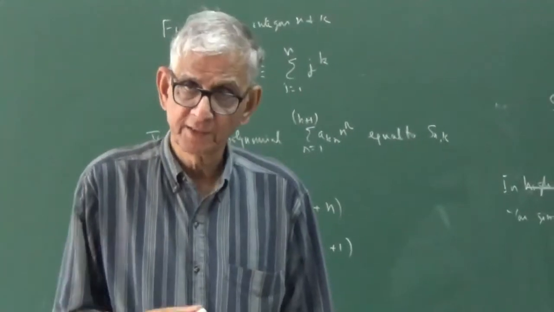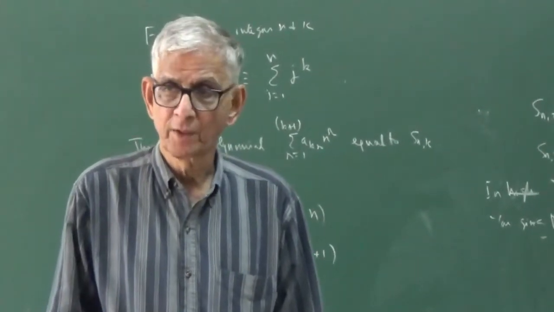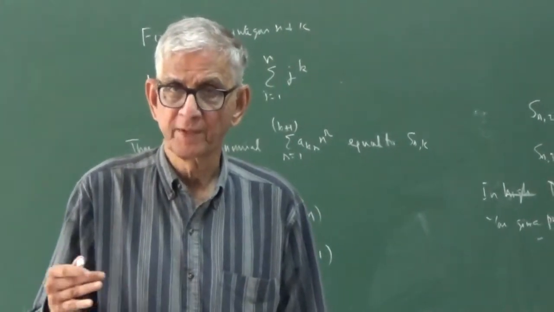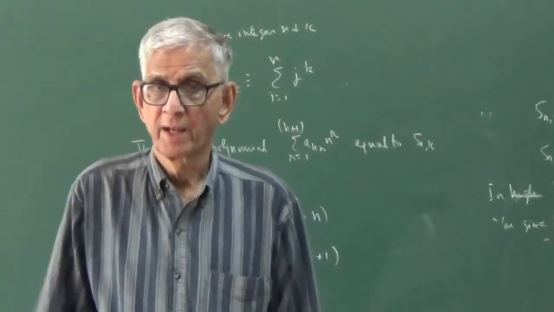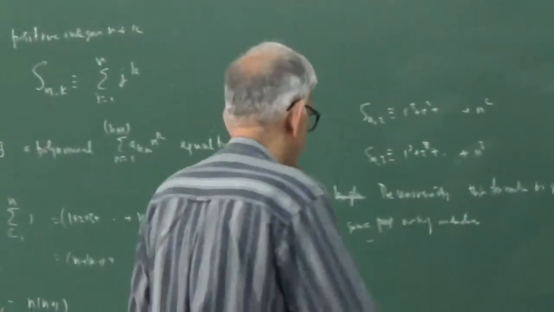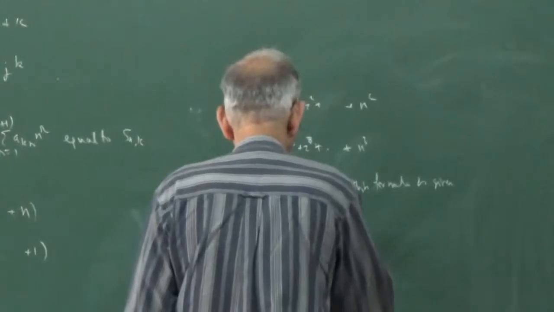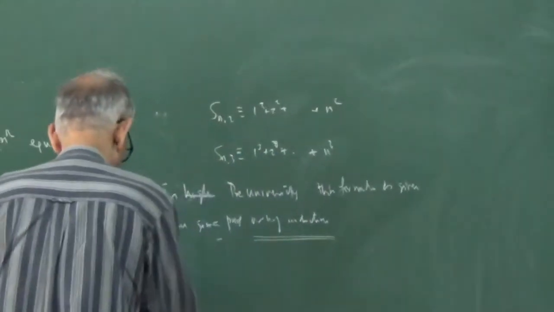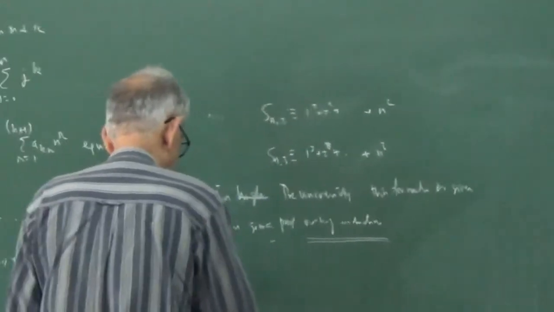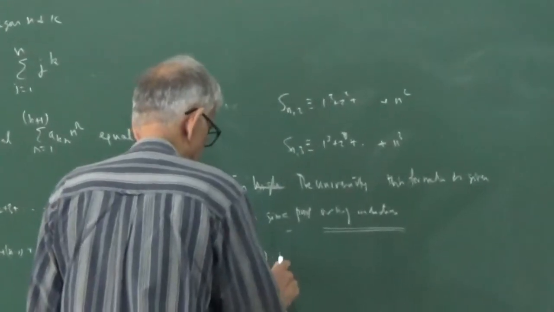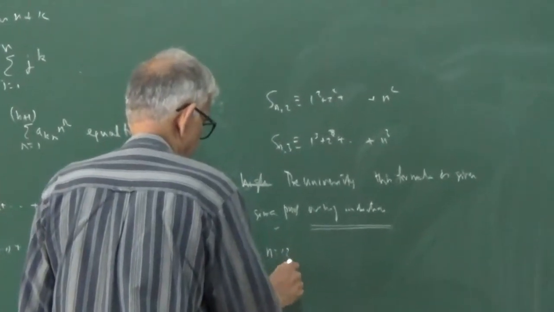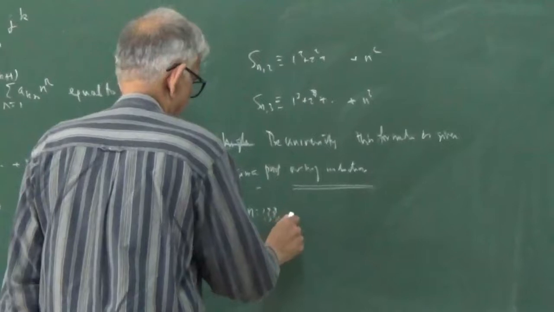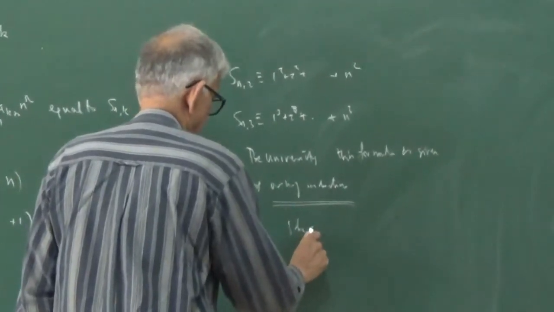It says that you have a collection of propositions, P of 1, P of 2, P of 3, P of n, P of j, and so on. Let me explain this principle of induction. Let P of n, n equal to 1, 2, 3, be a collection of statements.